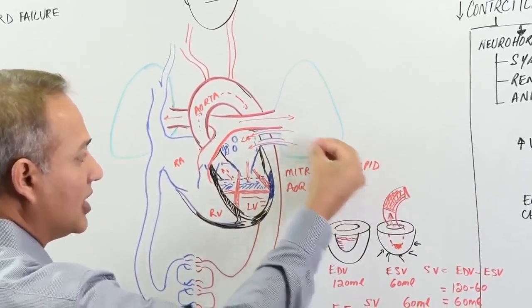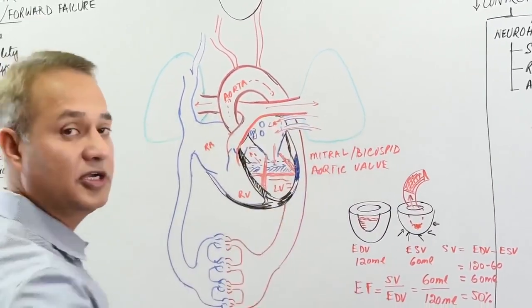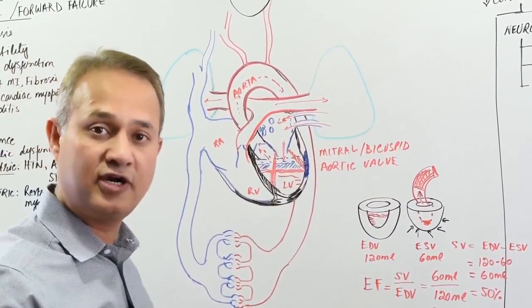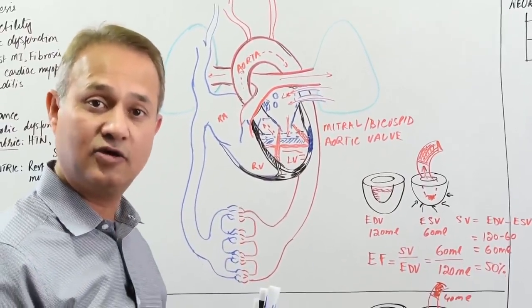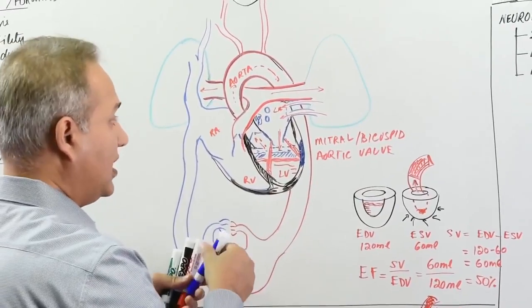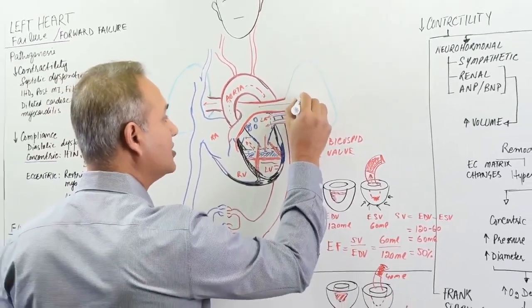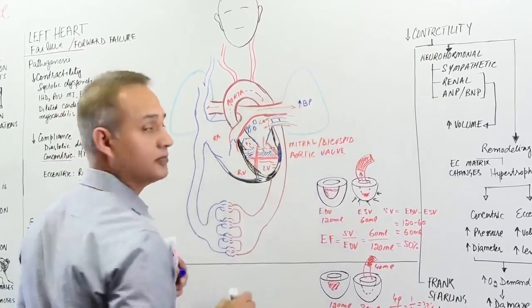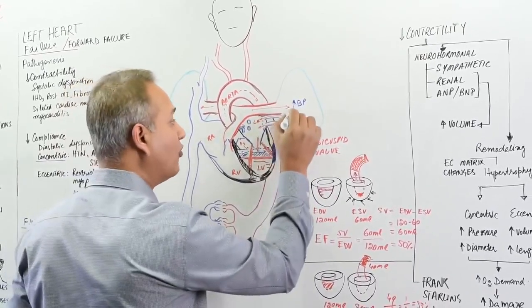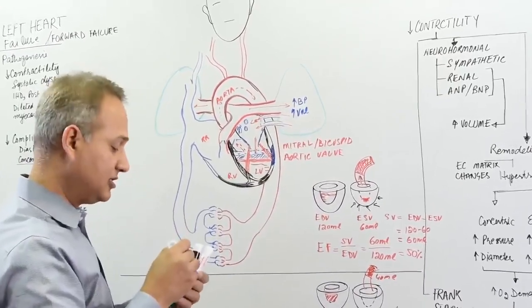The blood that has to come back from the lungs into the atria would have difficulty coming into the left heart, because the left heart is already congested, already filled. That would cause blood pressure in the pulmonary vessels to go up, and that would cause blood volume to go up in the pulmonary vessels.